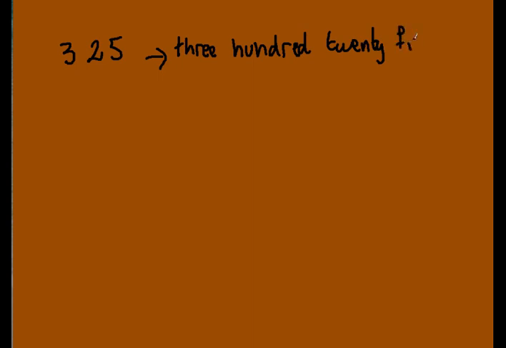Now let me show you how to read a three-digit number. So example here, you would have 3, 2, 5. How would you read this? You would read this as 325. So if you see this number, how would you literally read it? Oh, that's 325. How would you read this number?